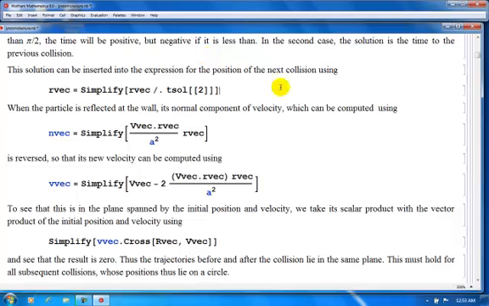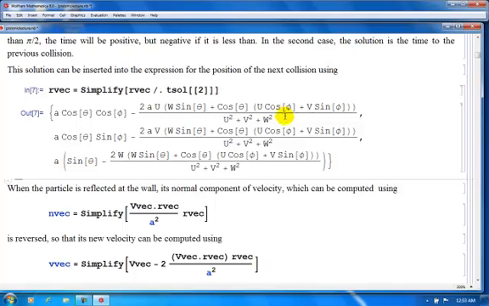Now we can insert this time, the second one of course, into the expression for the position vector to find the position of the next collision, which is this kind of horrible looking thing. Now when the particle collides with the wall, its normal component of velocity will be reversed. What's the normal component of the velocity?